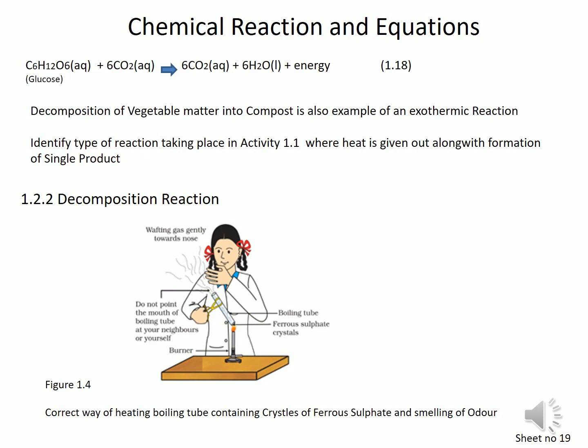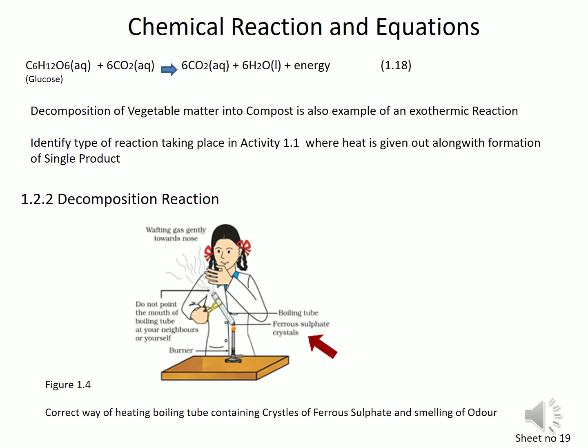Here let us see what this experiment is. There is a test tube. A test tube is held with tongs. Here is a burner. Okay, and in this boiling tube we have ferrous sulfate crystals.